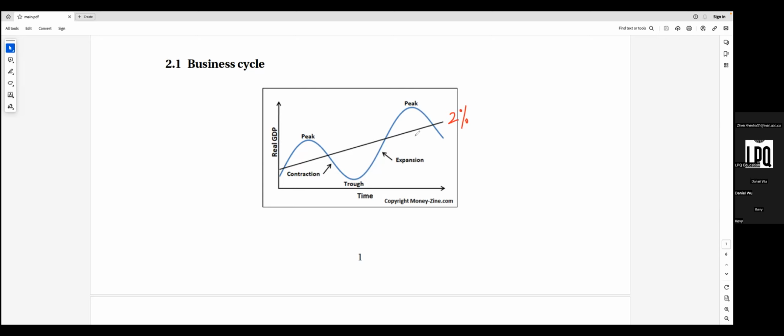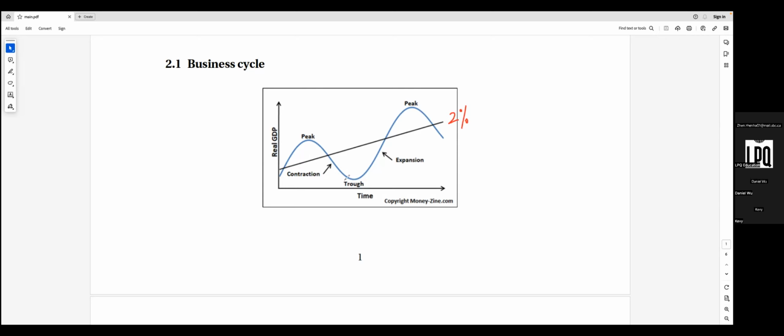So we just draw this slightly upward sloping line, indicating the GDP growth rate is roughly 2%. But I guess you know what I mean by average, right? If you say the average growth rate is 2%, this does not mean that the growth rate every year is 2%. These are two totally different things.